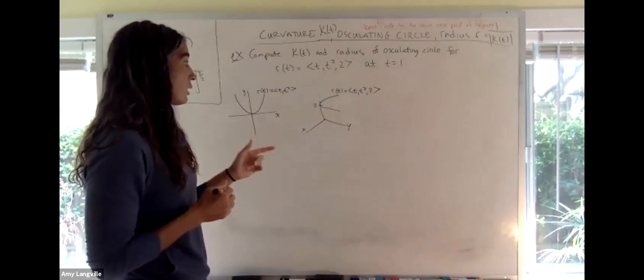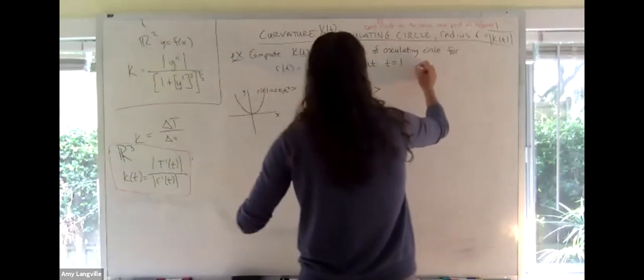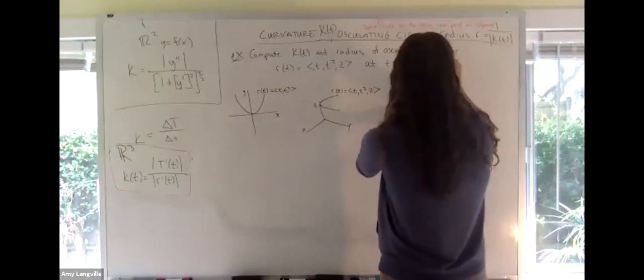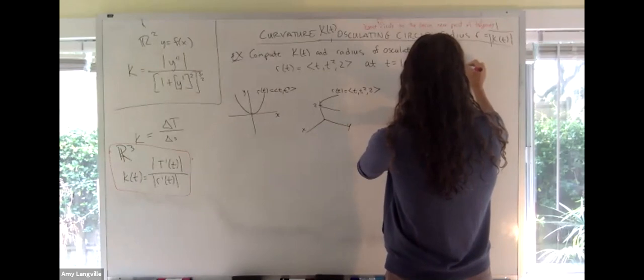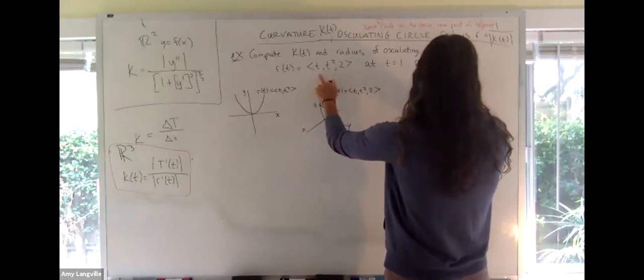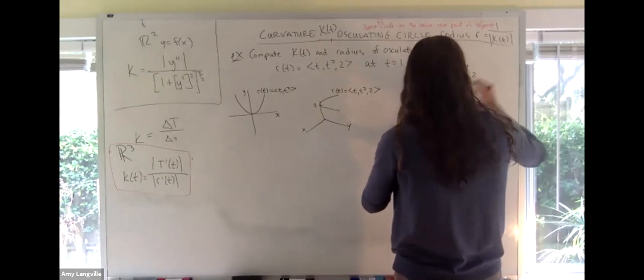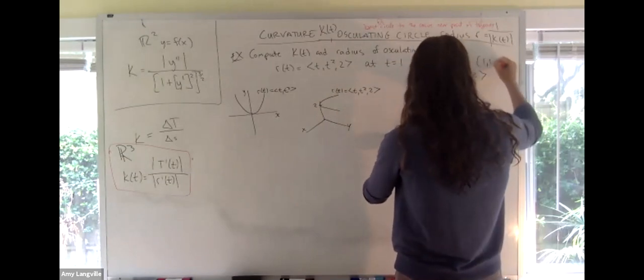And then we want to know what happens when t is 1. And so the point of tangency happens when t of 1 is plugged into the function and you get a value of 1, 1, 2, which is also a point. So that's the terminal point of the vector, 1, 1, 2.